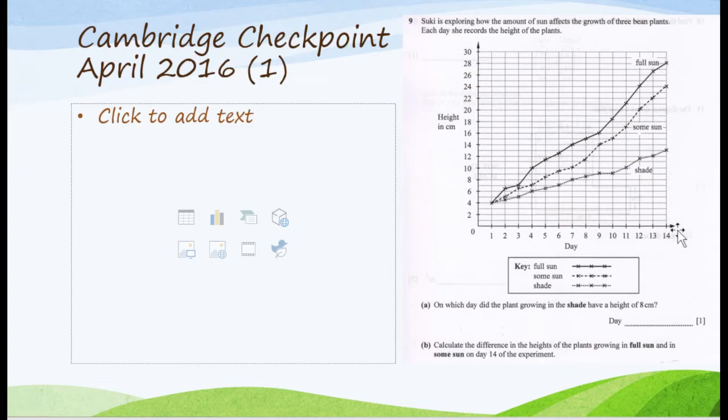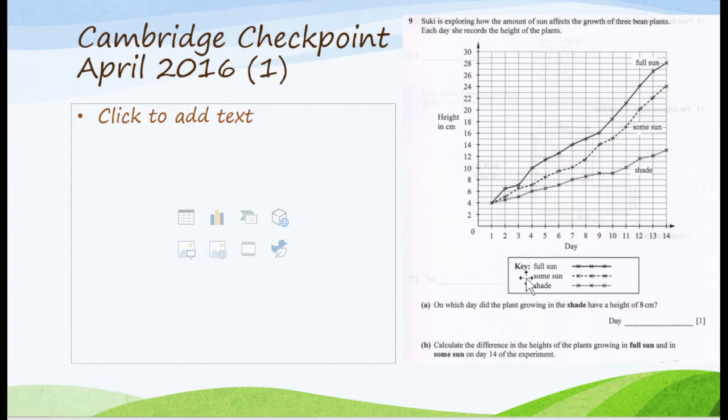So remember, it's better to put a plant under full sun. But some plants can grow better under some sun or under shade. It depends on the type of the plant itself. But for the bean plants, I think the best place is under full sun.